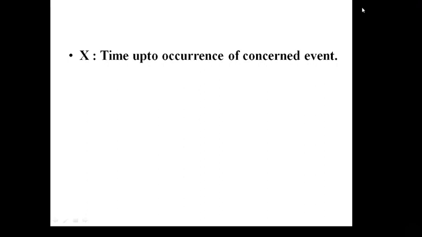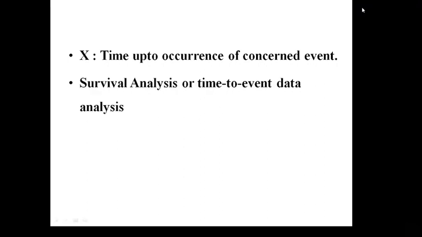And therefore there are separately designed methods to analyze these kind of random variables. Those methods are studied in survival analysis or time to event data analysis. Suppose x is following a certain distribution, the distribution structure is known.